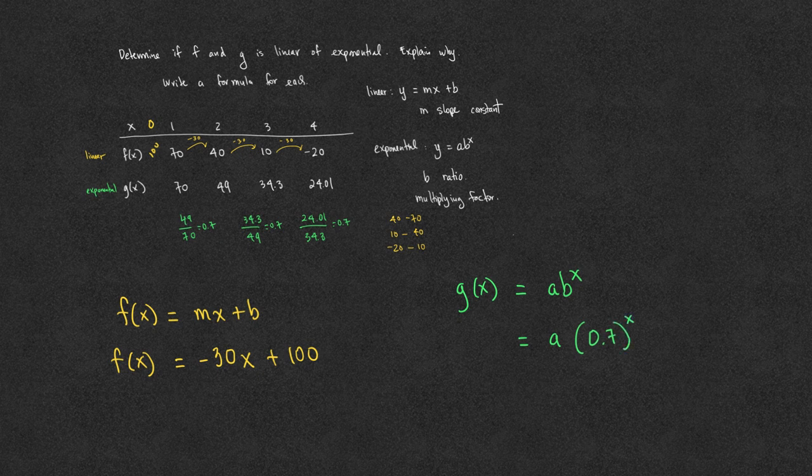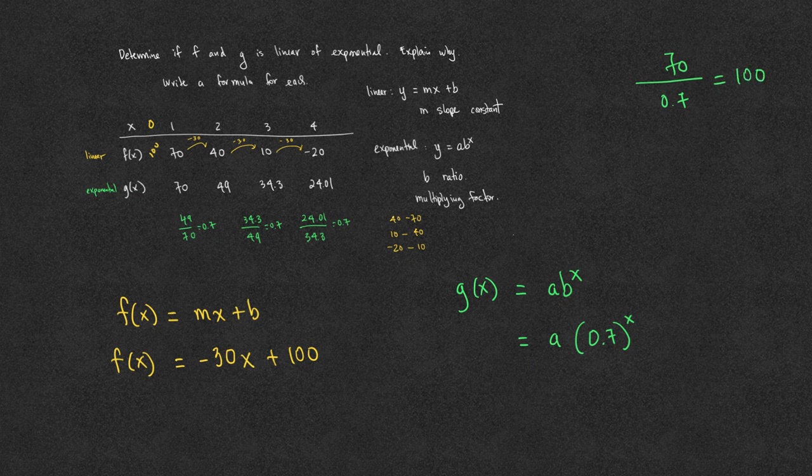X is the variable. Similar to the linear function, if going forward we multiply by 0.7, then going backward we would divide by 0.7. And so if we were to take 70 and divide it by 0.7, we will get 100.